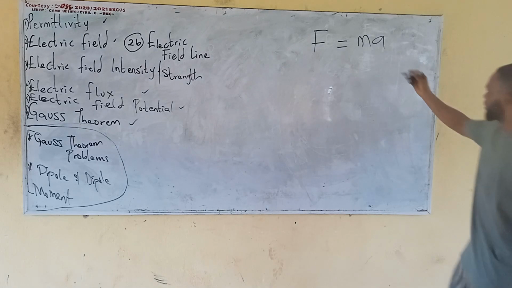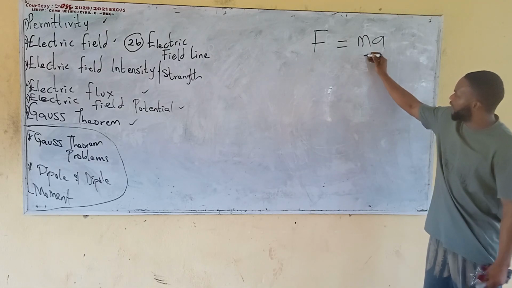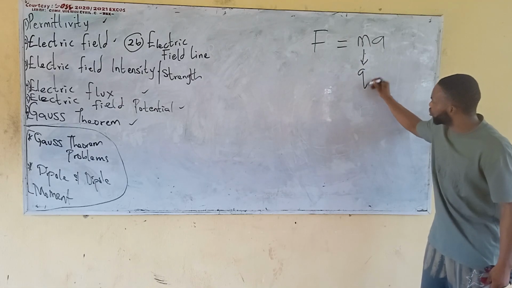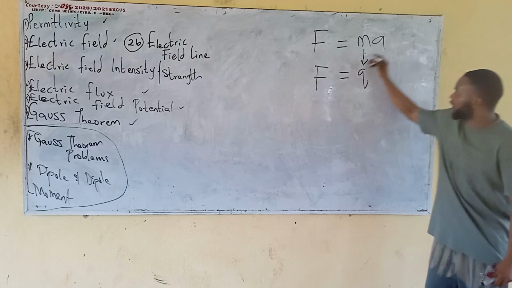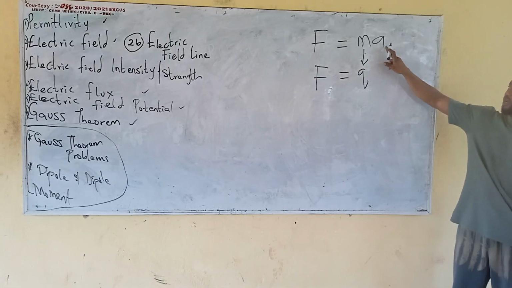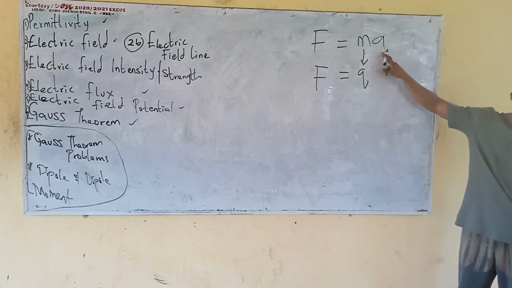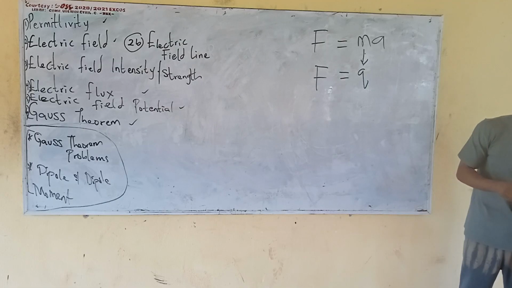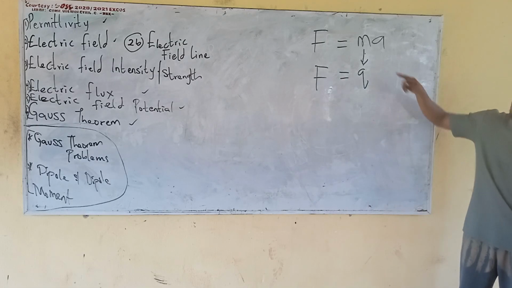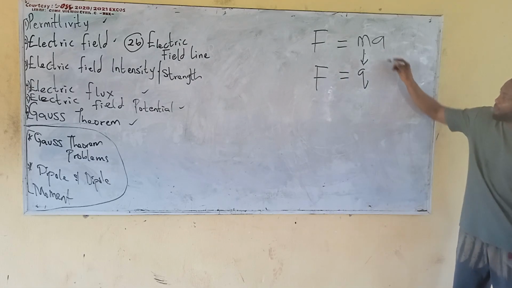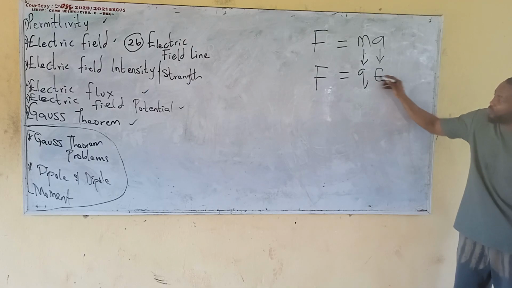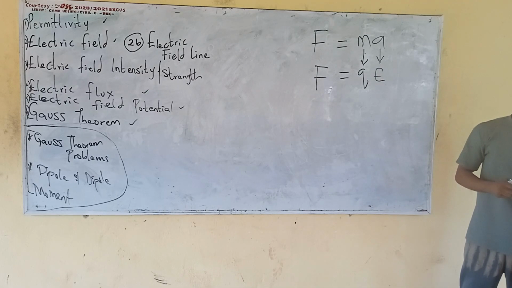So if I know that, with the same force formula, just replace this M with Q: QA equals F. Now for A here, that is acceleration, when it has to do with electric field, the A is simply going to be represented with electric field intensity. Can you see it?